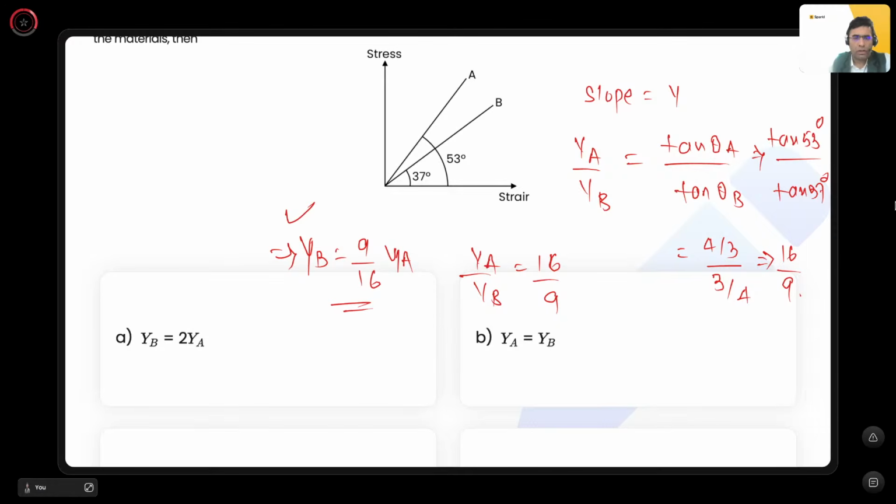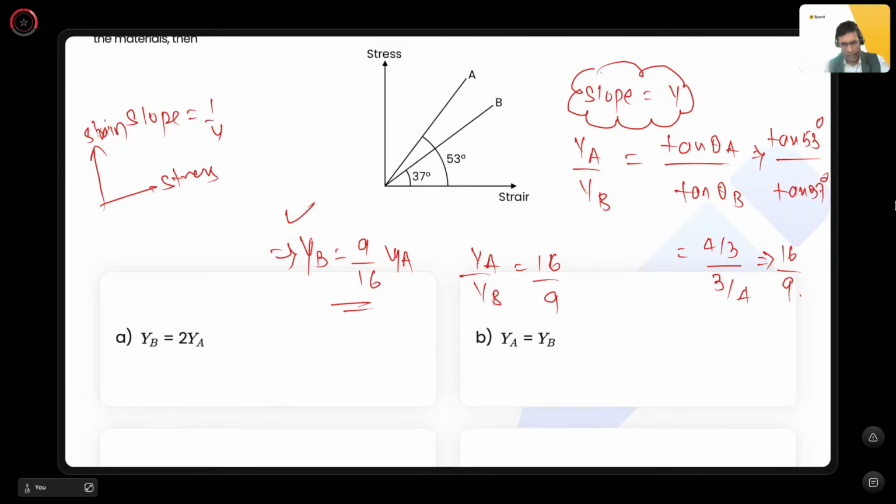Easy question, we just have to see the graph and know that slope जो है वो Young's modulus के बराबर है. बहुत बार ऐसा करते हैं, वो strain versus stress का graph दे देंगे तो its slope will become 1 upon Young's modulus अगर strain versus stress का graph दिया है. तो you have to be careful कि उनने आपको कहीं trap तो नहीं किया है. ठीक है, तो read the question carefully, see the graph carefully, एकदम उसमें लग नहीं जाना है solve करने में. तो please try to avoid such mistakes from this question. But बाकी तो easy chapter, the solid chapter is entirely easy. ठीक है, उसमें marks lose करने ही नहीं है.